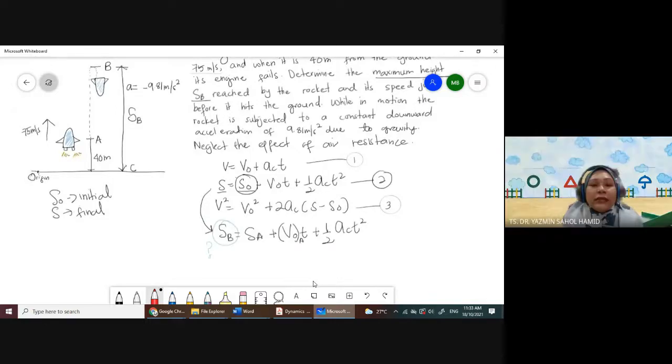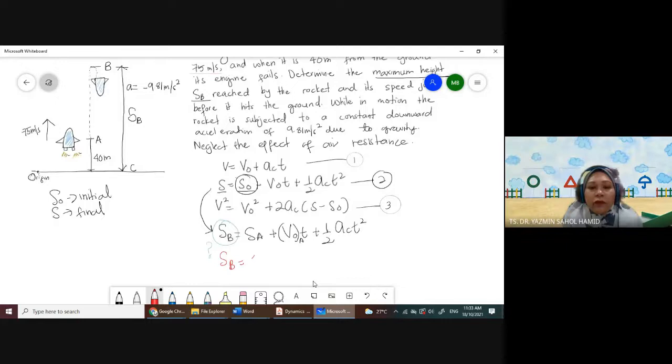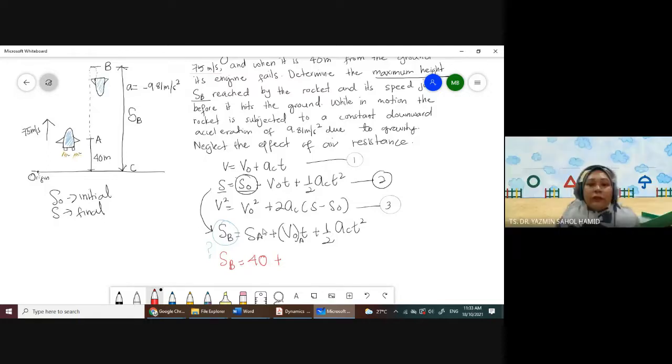Yes, 40 meters. Do you have the initial velocity at A? Yes, 75.